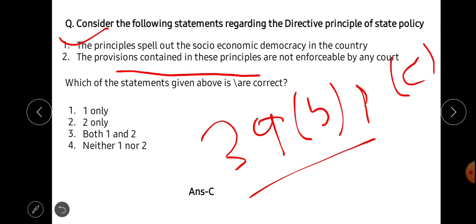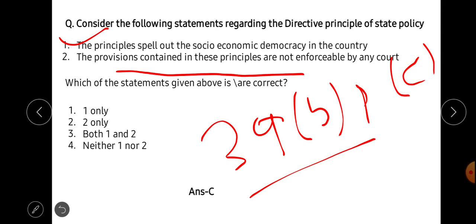Option 2 is also correct because the directive principles of state policy are non-justiciable in nature. That's why these principles are not enforceable by the court. Only fundamental rights can be enforced by the court because they are justiciable in nature.